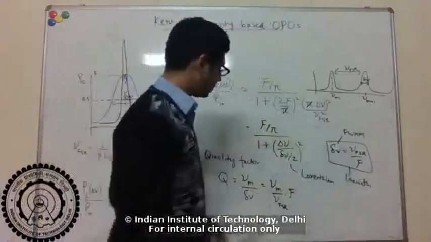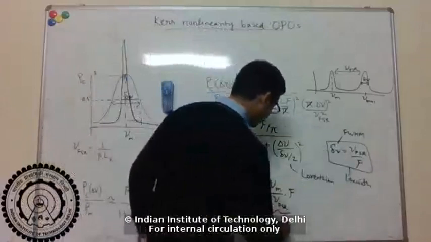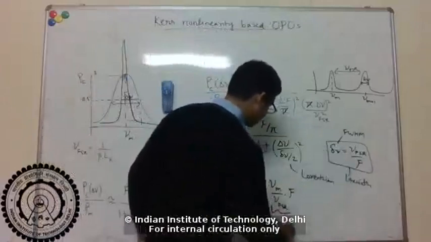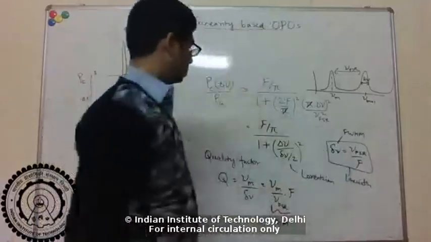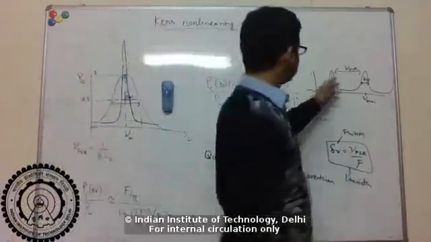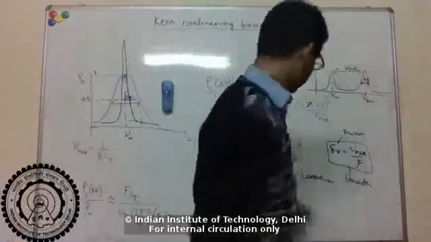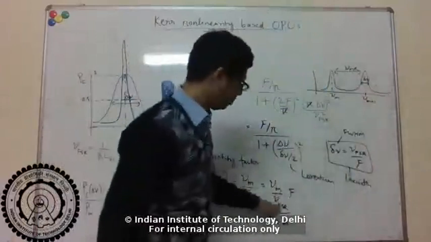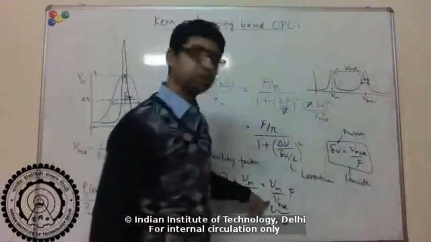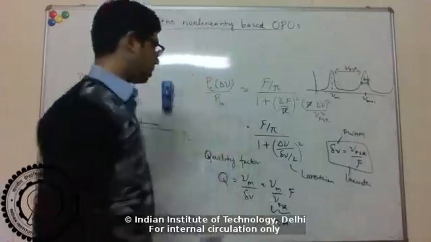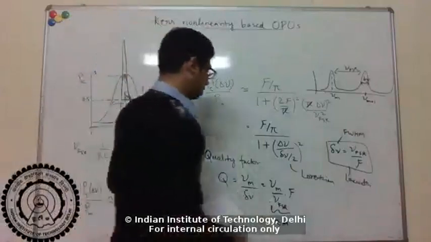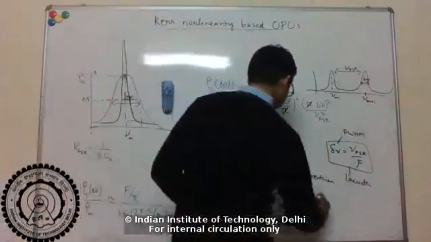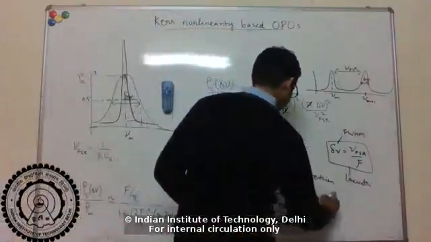And nu m by nu FSR is roughly just the mode number, right? That's the mth resonance frequency divided by the spacing between the resonances. So the quality factor is roughly the mode number times the finesse.